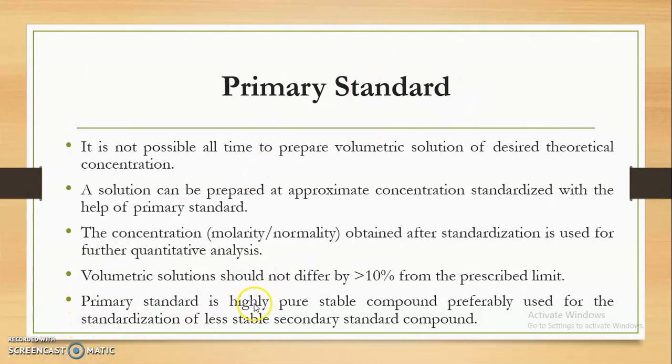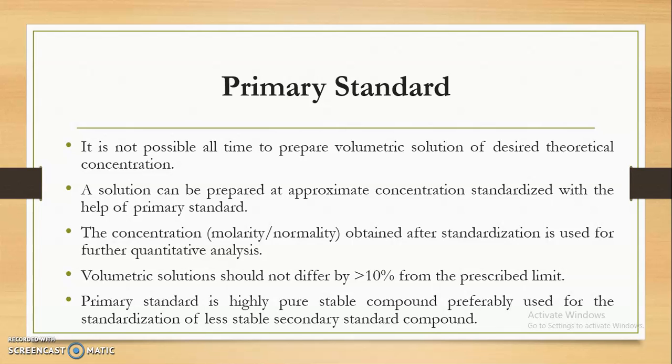As I said, primary standards are highly pure, stable compounds preferably used for the standardization of the less stable secondary standard compound. So the first basic difference between the primary standard and the secondary standard is that primary standards are obtained in the highest purity. Almost we can achieve a purity of 99.99%.